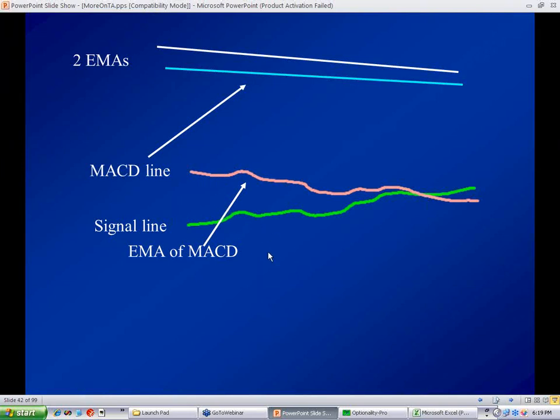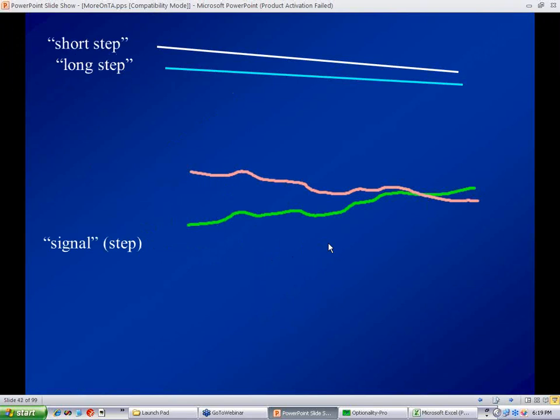Very weird, huh? So it's kind of like 3 levels deep. In technical land, these are called the short step, the long step, and the signal step. The step is the value of the exponential moving average. So that's why in MACD you've got 3 numbers.